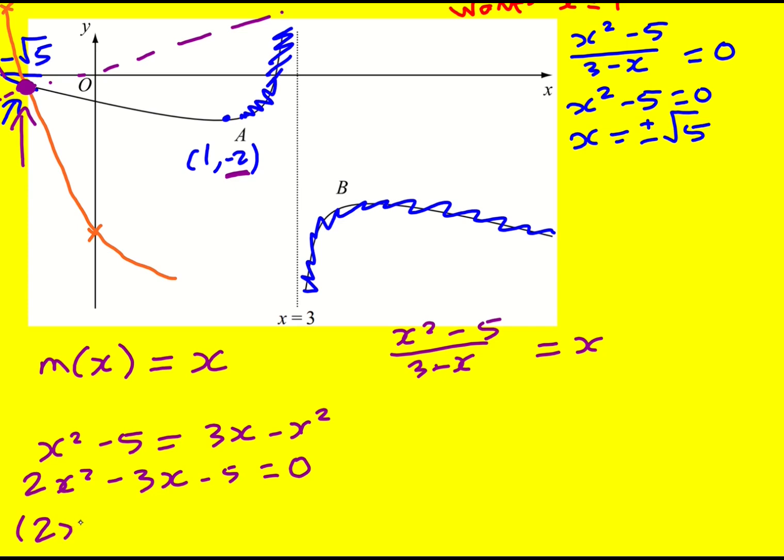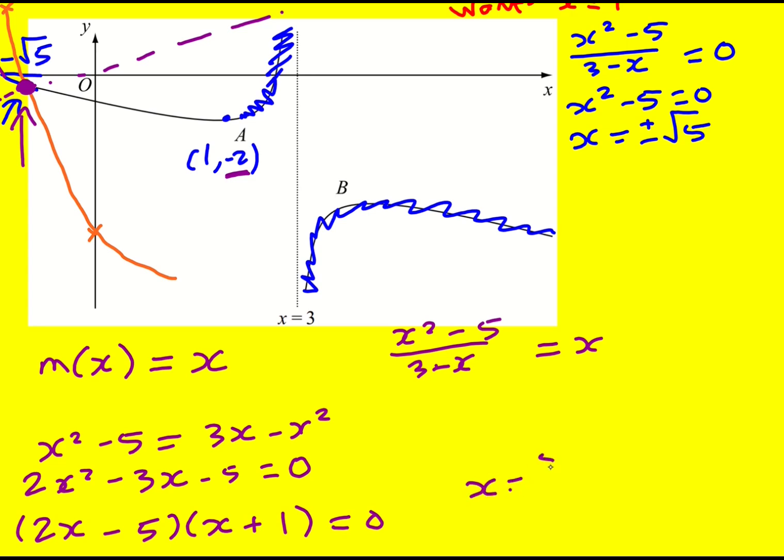Let's see if this factorizes. If I put a 5 here and a 1 here, then I'll get 5x and 2x. So if I make this one negative and this one positive, it will all check out, equal to 0.